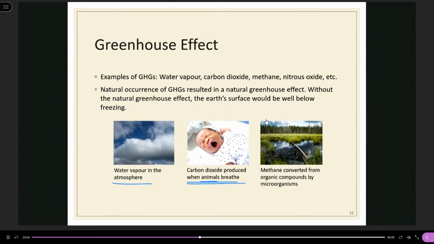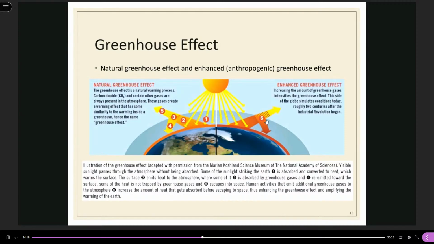We have the trees which need the carbon dioxide and they give out oxygen. So actually in nature, there is a balance between the production of carbon dioxide and the take-in of carbon dioxide. But now humans are producing more and more carbon dioxide. So, the natural greenhouse effect and the enhanced man-made greenhouse effect.